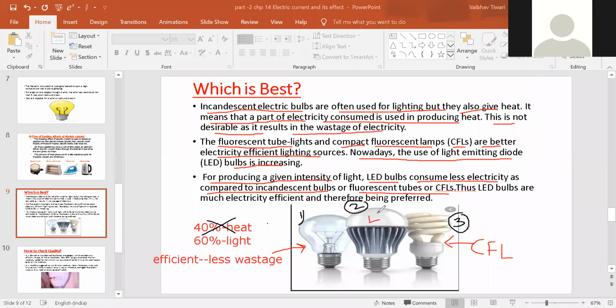The LED bulb is consuming less electricity compared to both the other bulbs, that is the incandescent one, this one, and the CFL one. That's what we can say. Thus, LED bulbs are much more electricity efficient and therefore being preferred.